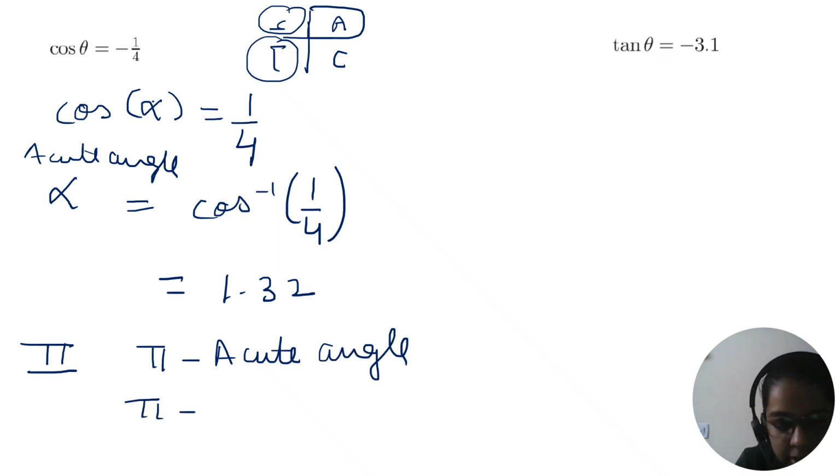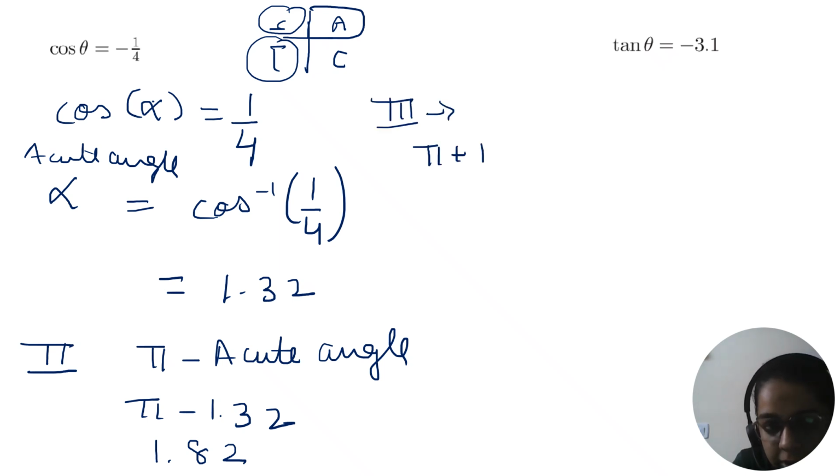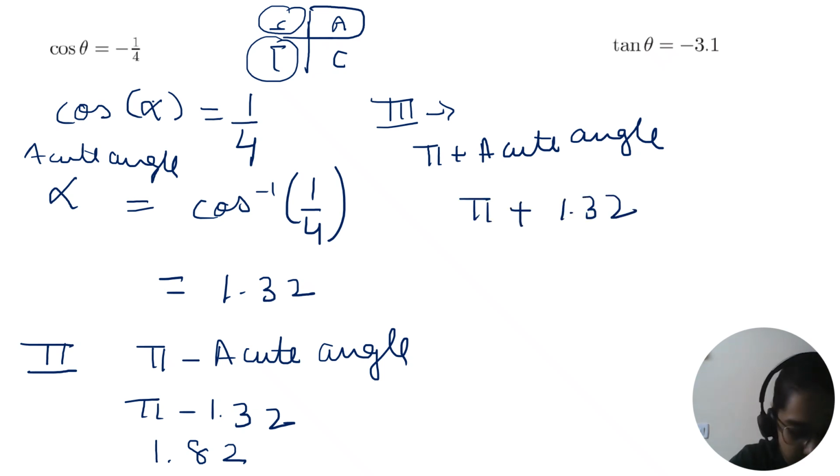So I do pi minus 1.32, and when I put this in my calculator, I get 1.82. When I have to find the value in the third quadrant, I do pi plus the acute angle. So I do pi plus 1.32, and when I put this in my calculator, I get 4.46 radians. So everything is in radians here.